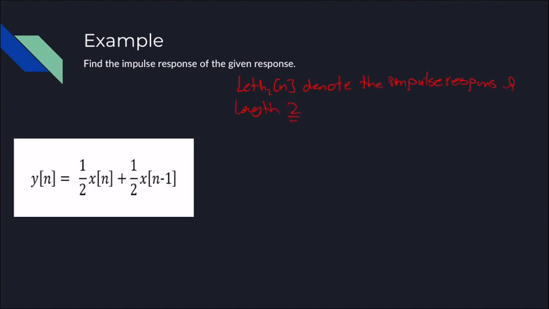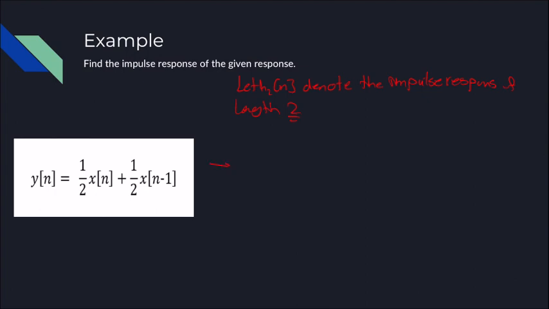For the moving average filter, we will use a subscript to indicate the length of the window we're trying to get, and this makes it a lot easier to compute h2 of n by setting x of n as a unit impulse to the system.